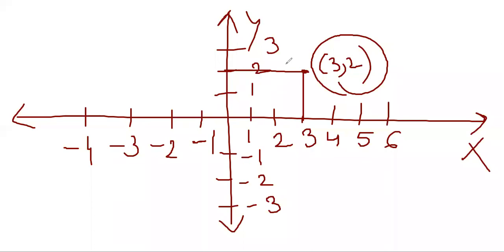-3, 2. Yes, negative, but through x-axis. If we take the mirror image of x-axis, -3, -2. See, this is the x-axis, right? ठीक है, x एक्सिस से -2, -3, 3, -2, right?